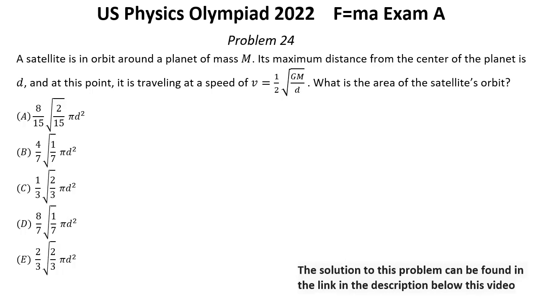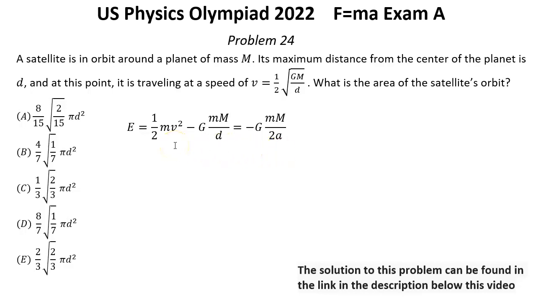So first let's count what the total energy is. At the furthest point, it is equal to the kinetic energy 1/2 mv squared minus the potential energy GMm over d, which is equal to negative GMm over 2a, where a is the semi-major axis.